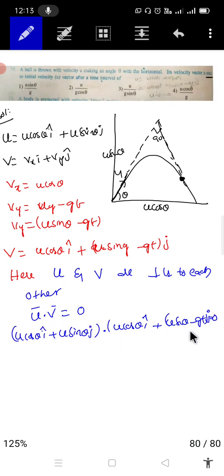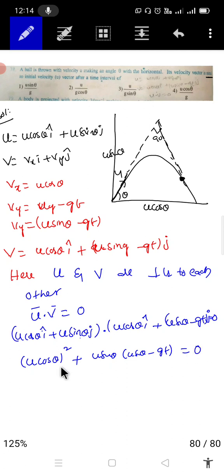This is a dot product. Dot product means i to i, j to j. So here i to i means u cos theta into u cos theta, that is u squared cos squared theta, plus u sin theta into (u sin theta minus gt), that is equal to 0.